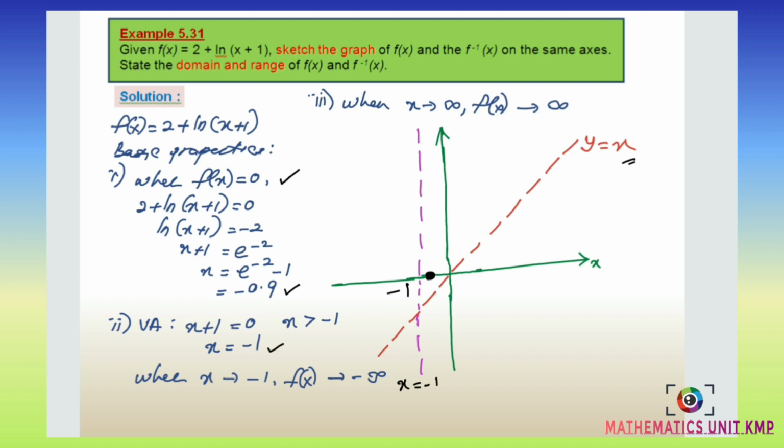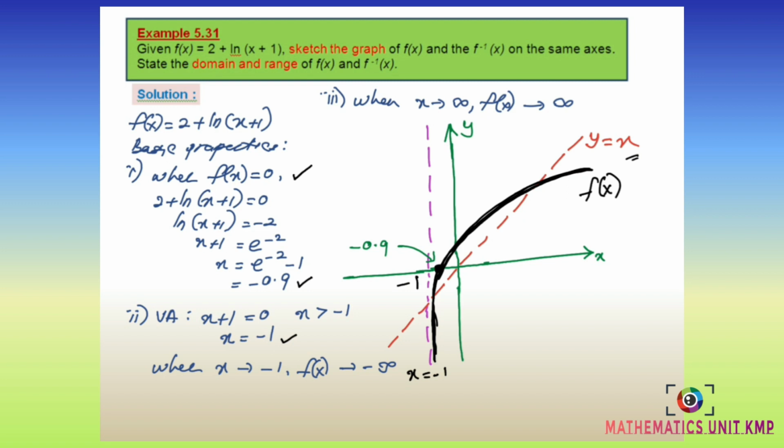When x approaches -1, y approaches negative infinity. When x approaches infinity, f(x) approaches positive infinity. And label the graph f(x).